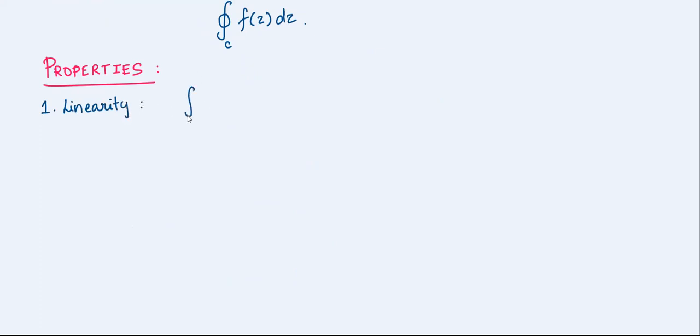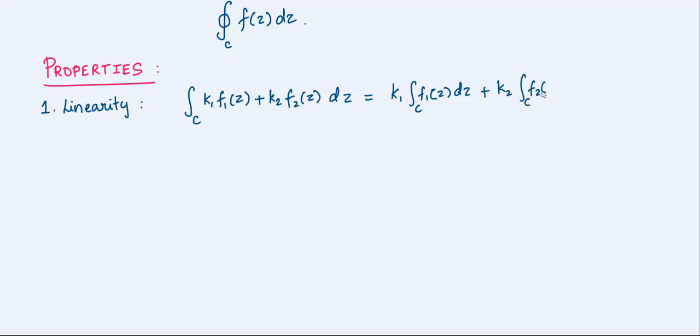That means integral over C of K1 F1 of z plus K2 F2 of z will be K1 times integral F1 of z plus K2 times integral F2 of z.